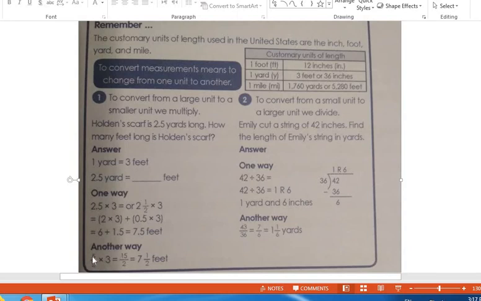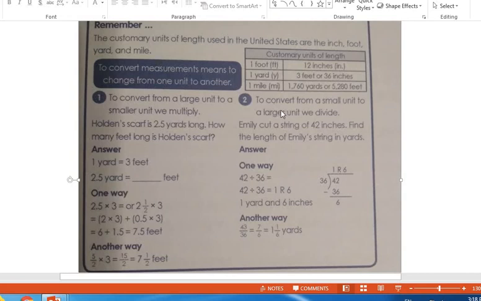When I say 5 over 2 times 3, I will multiply the numerator. 5 times 3 equals 15. The 3 doesn't have a denominator, so I will add 1, so it will be 3 over 1. So 2 times 1, 2. 15 over 2, when I divide 15 by 2, it will give me 7.5 feet. So the answer will be 7.5 feet.